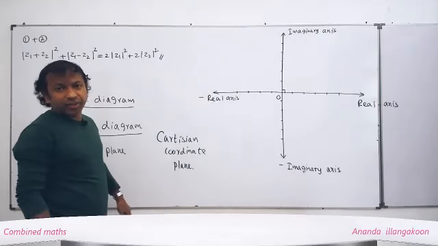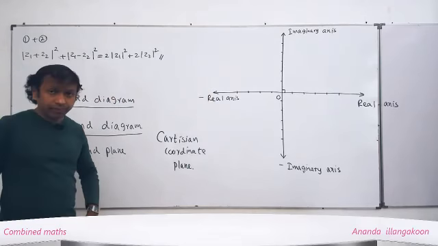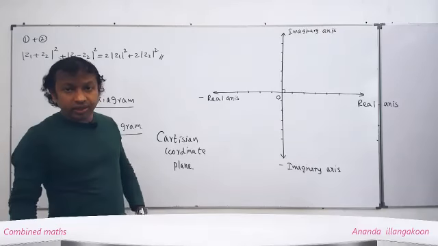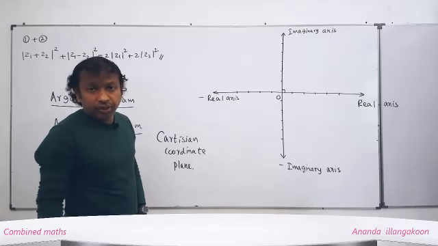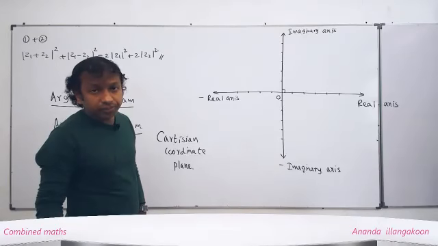The same real numbers are available. Then this plane is called the Argand plane or Argand diagram. Actually, this part of complex numbers was introduced by a famous mathematician called Argand. So for his name, this is termed the Argand plane.